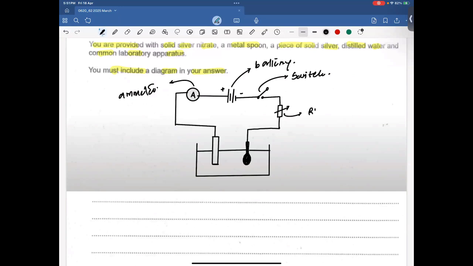This is your rheostat, which is also called variable resistor to control the current in the circuit. This is your spoon. And obviously it has to be attached with the negative terminal of the battery, which means it must be a cathode. The other is attached to the positive terminal of the battery, which means it is anode, and it must be impure silver.